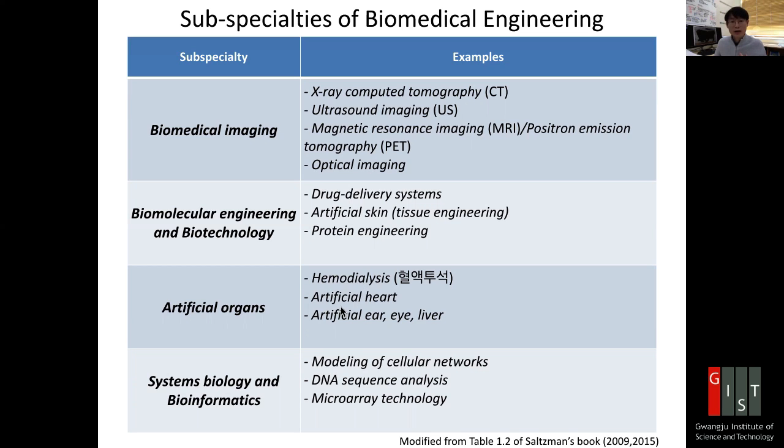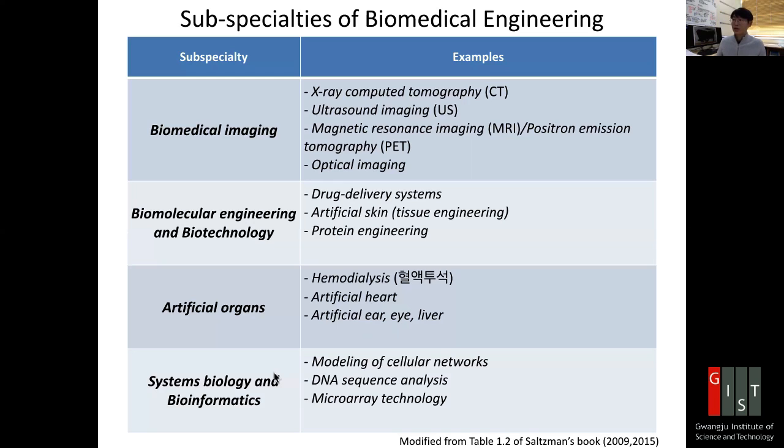And those who have a problem in heart function may need an artificial heart. Although I should say, we still do not have a whole functioning, lasting artificial heart yet. And artificial ear, eye, liver. All these are very challenging problems in terms of engineering, and it still awaits the ingenuity of biomedical engineers.